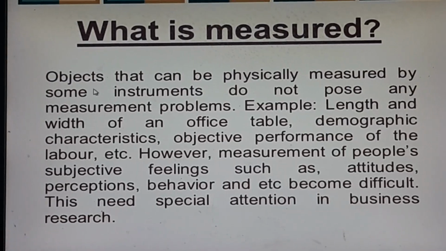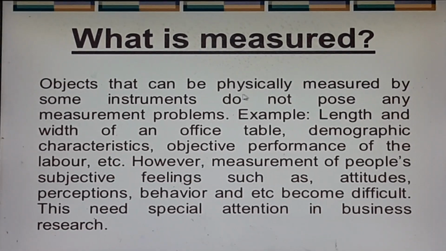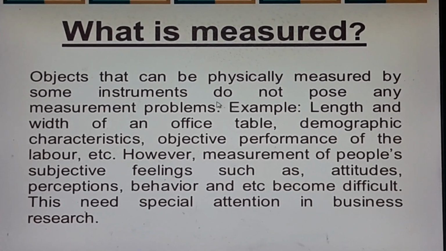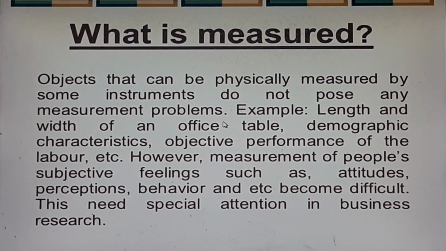Now, you may have a question: what is measured? Dear learners, now we shall discuss what is measured by using a measurement scale. Objects that can be physically measured by some instruments do not pose any measurement problems.